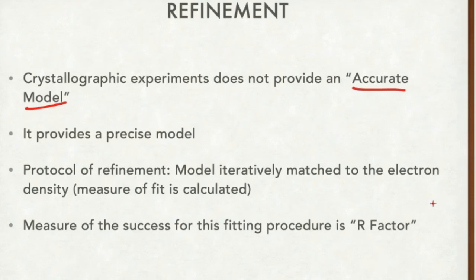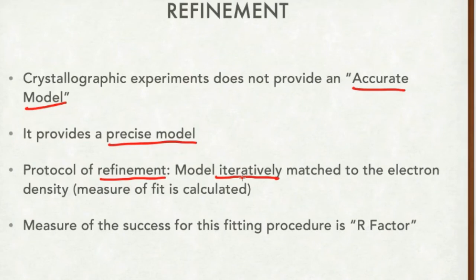Okay. So it gives some precise model, right? The crystallographer itself will go for a protocol called refinement, which means that they construct the model again and again and again repeatedly, called iteratively. So they model iteratively, match to the electron density and fit.